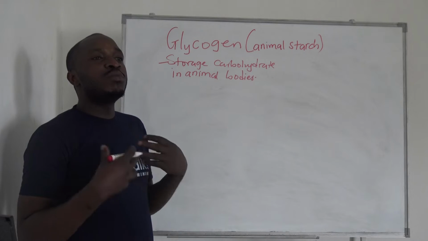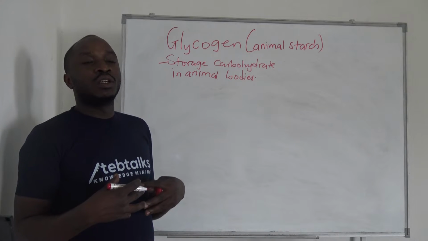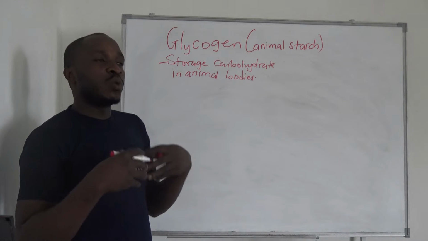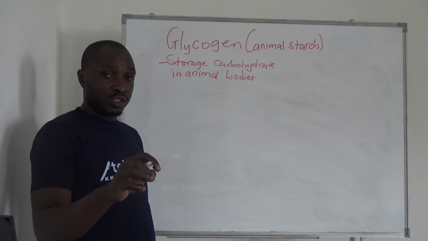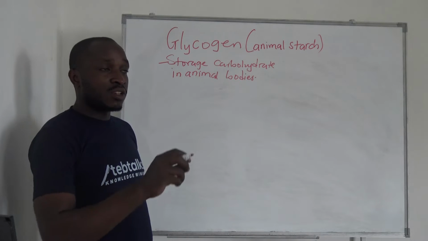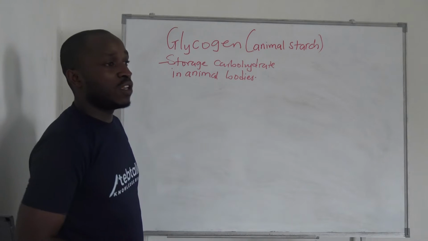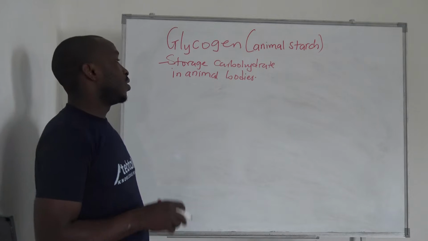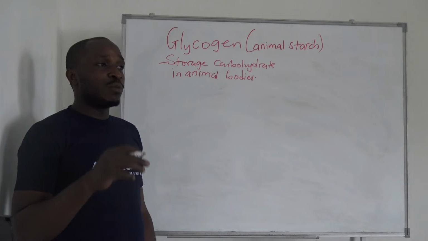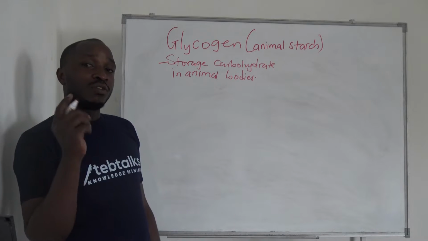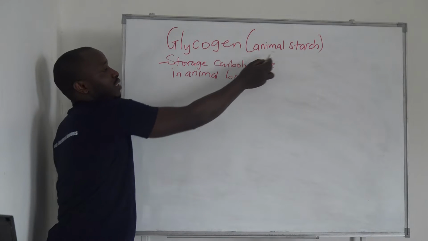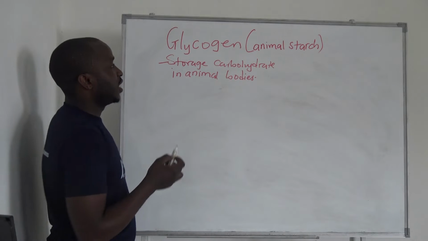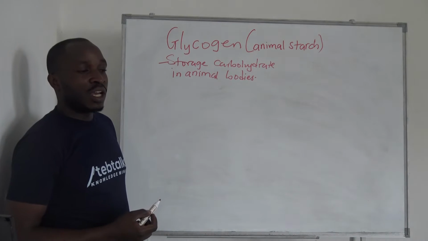When you absorb that glucose, some of it you will use for energy, but the excess glucose is converted into glycogen, then stored in your tissues. That's why it is called animal starch, because they share a function, the main function being that starch is a storage carbohydrate and glycogen is also a storage carbohydrate.